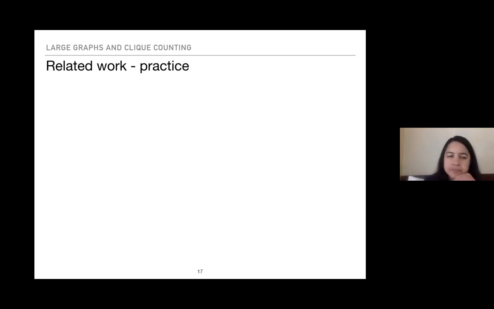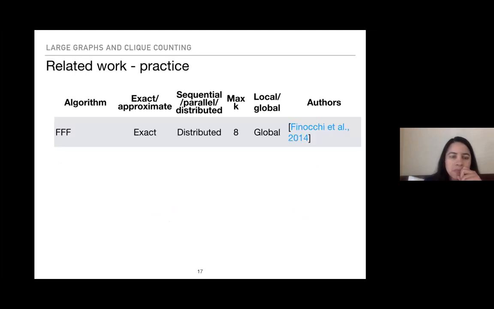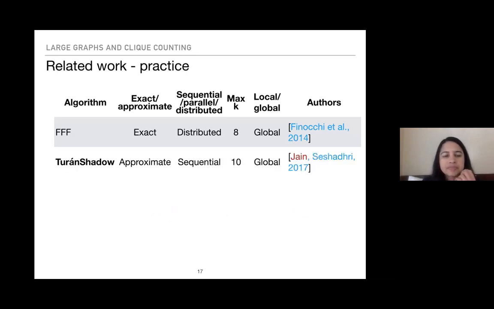So more recently, there has been work by Finocchi et al. They give an exact algorithm. It's a distributed algorithm. So they use MapReduce for this. And they're able to count up to k equals 8. Following this was our work in 2017 called Turán Shadow, which was an approximation algorithm.